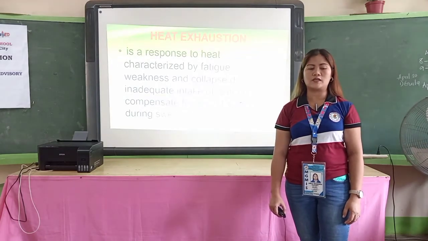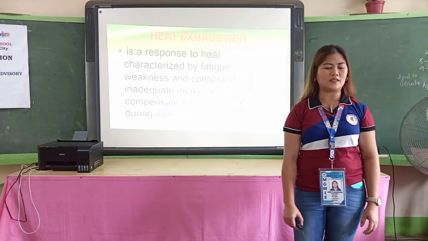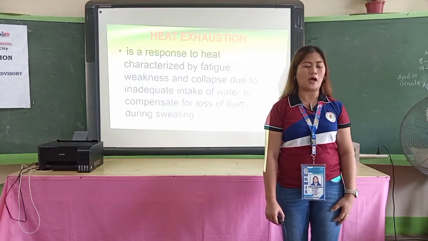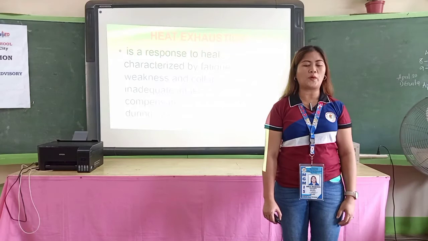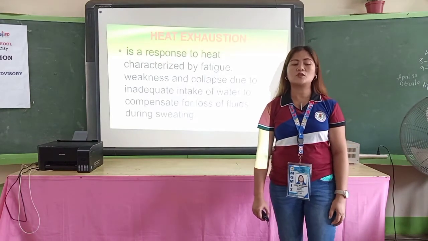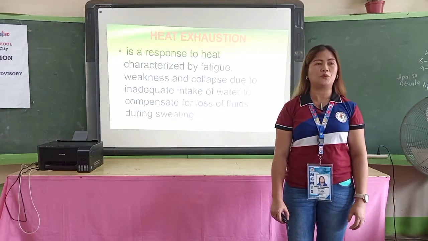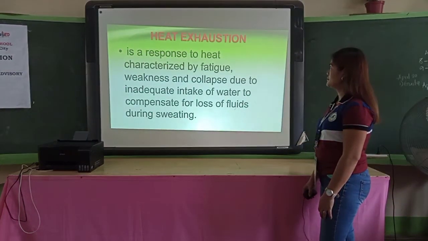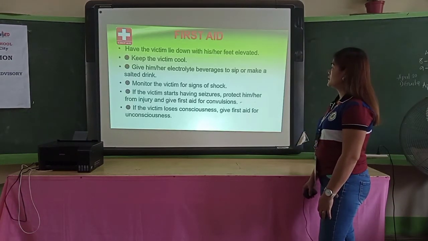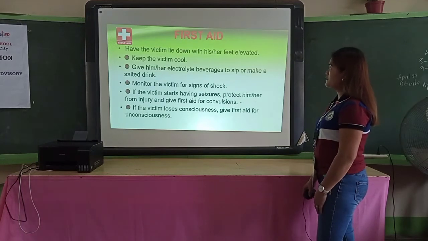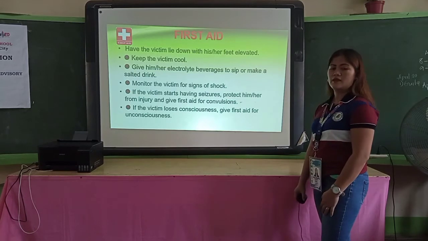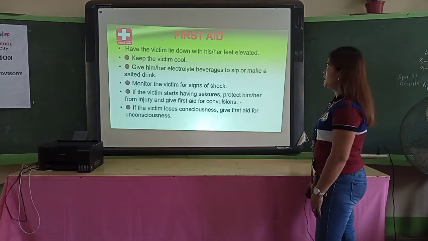Heat exhaustion is a response to heat characterized by fatigue, weakness, and collapse due to inadequate intake of water to compensate for loss of fluids during sweating. The first aid: have the victim lie down with his or her feet elevated. Keep the victim cool.